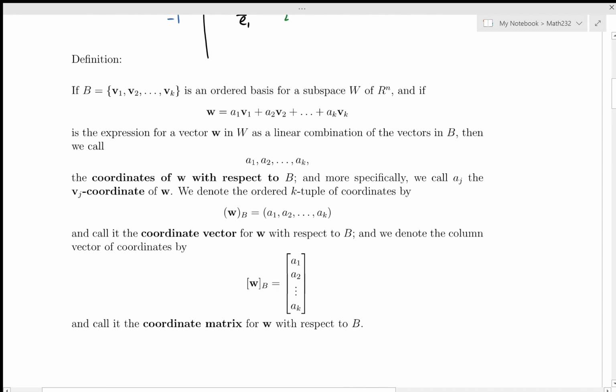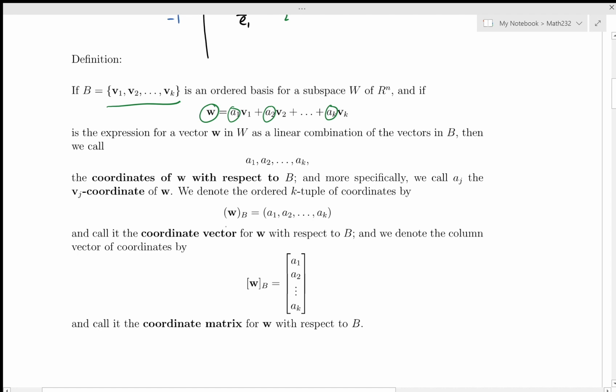We've got a basis right here, and we have a vector that is a linear combination of the basis vectors. And we notice that all we need to do to identify which vector it is, is to capture those constants.